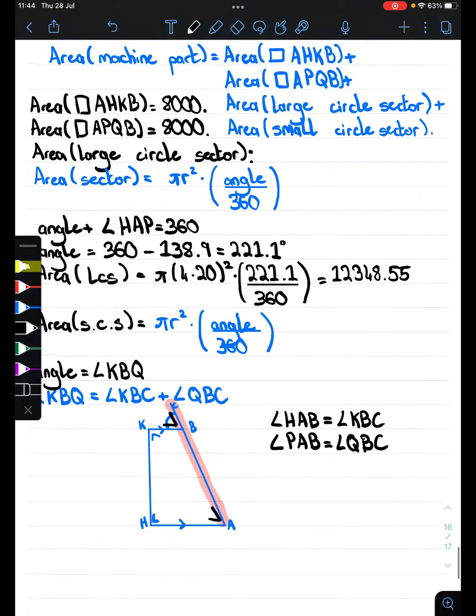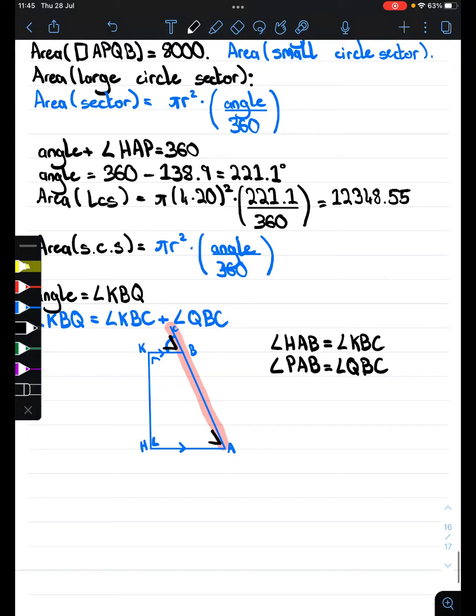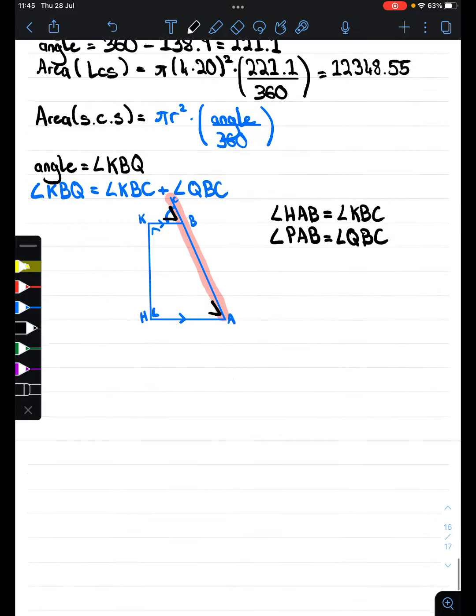We know HAB and PAB, because KBQ equals KBC, which is HAB, plus PAB.